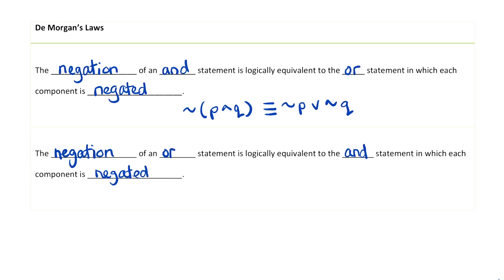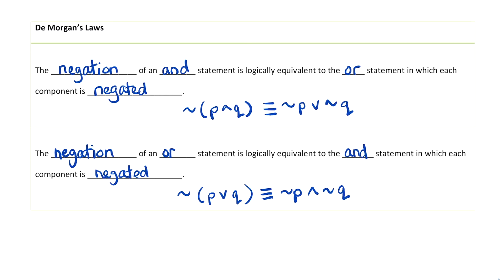So that is the one we had just done. So the negation of the disjunction of P and Q is logically equivalent to the conjunction of not P and not Q.